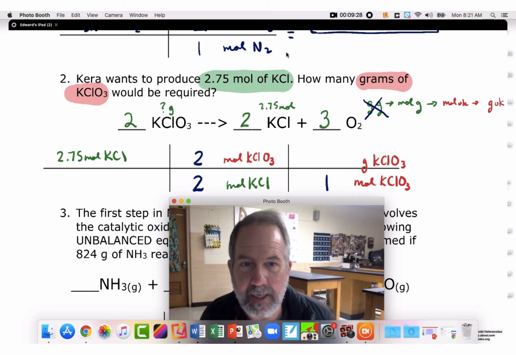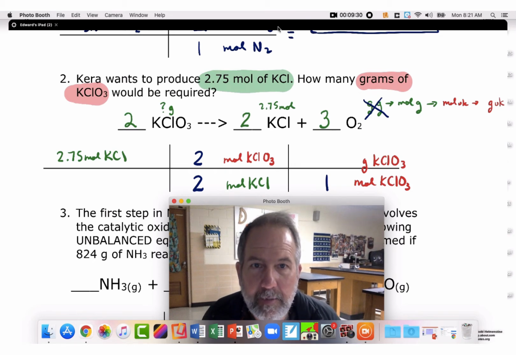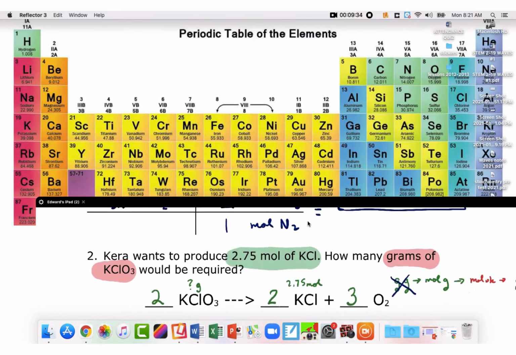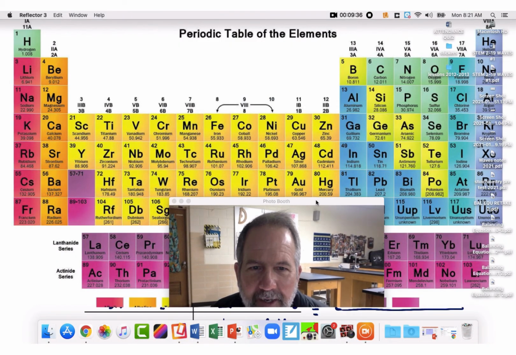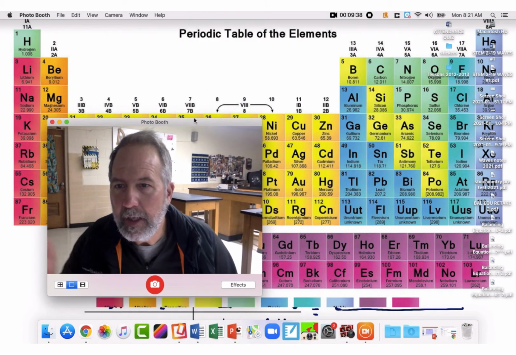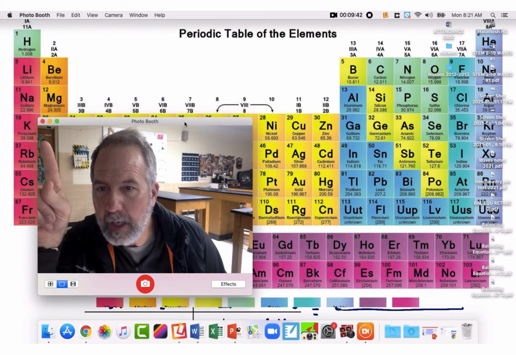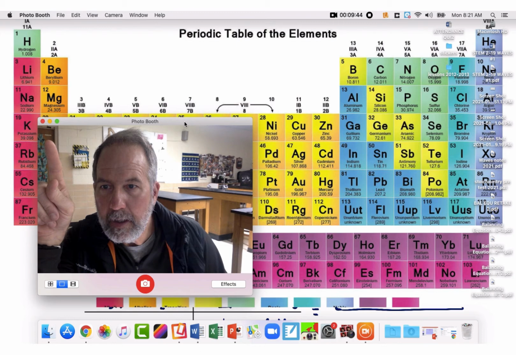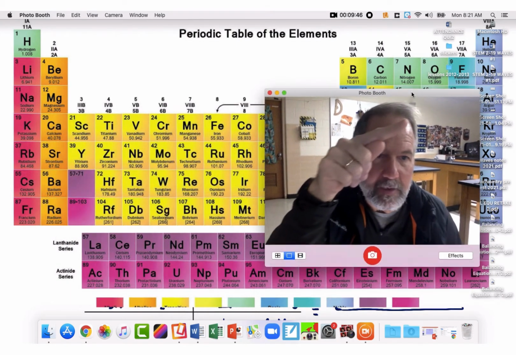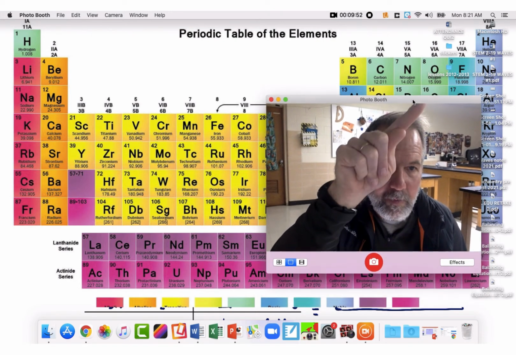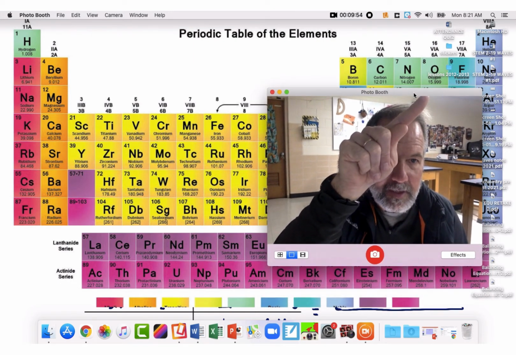And I have to slide down a little bit and see if this works. Hey, there's my periodic table. So we're looking for K. K is right here. See it? So 39. Cl's over here, 35. And then we have 3 oxygens right here, 16.